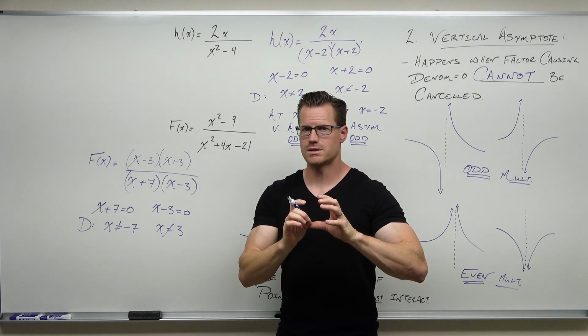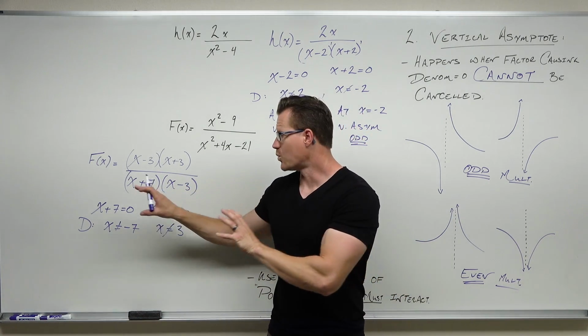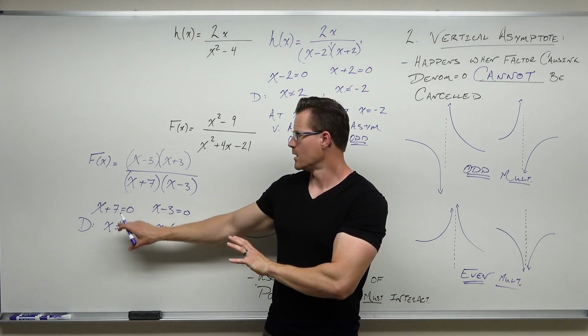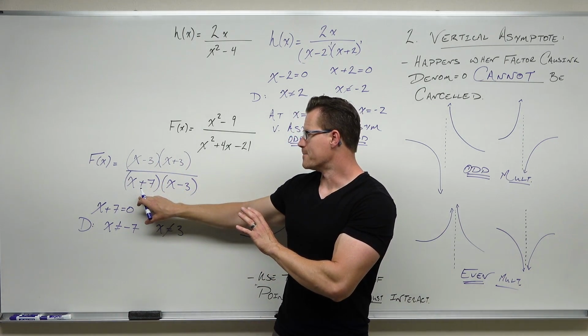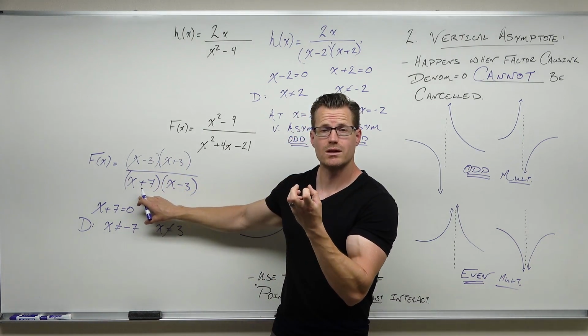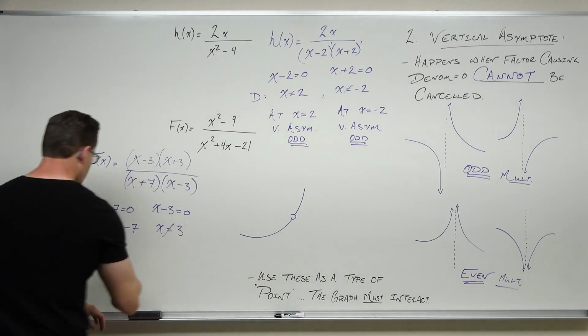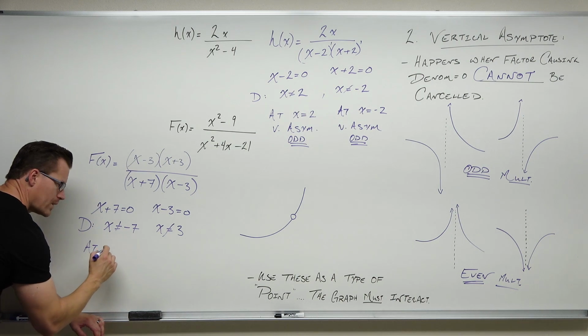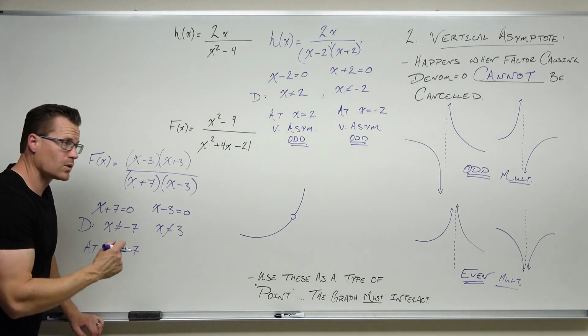That's going to give me something going to positive or negative infinity. That's why this is a vertical asymptote. So this cannot be canceled. It says you're dividing by something really close to 0, giving you an infinity sort of concept. So all that to say, at x equals negative 7, we have a vertical asymptote.